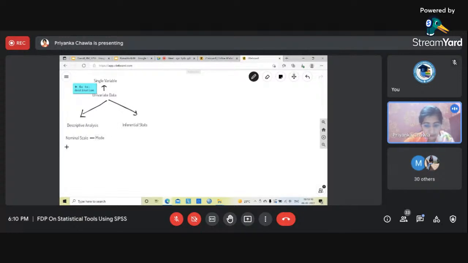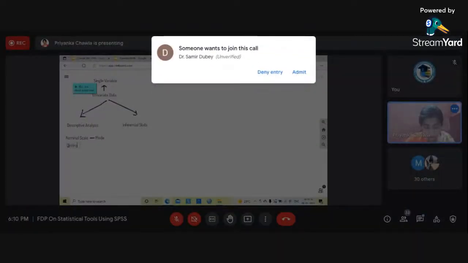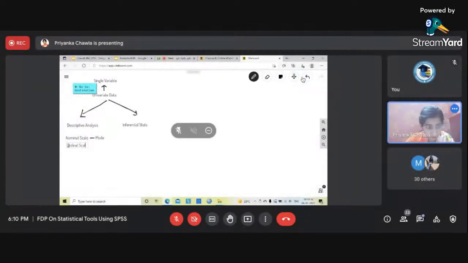If we talk about ordinal scale data, then which is the best way to describe data? Median.